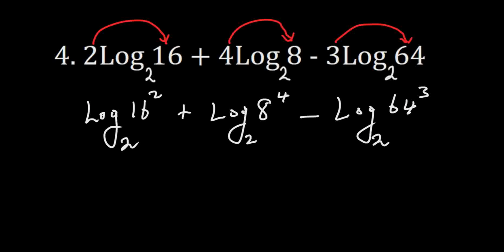So at this point, we are going to write all of these values. This is 16, write it in the index form. This is 8, write that in index form. This is 64, write that in index form.